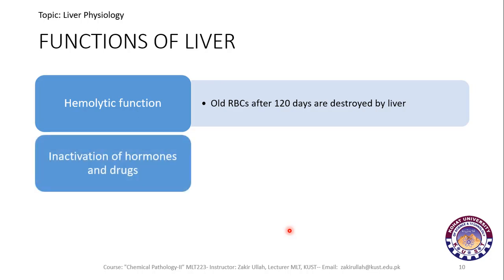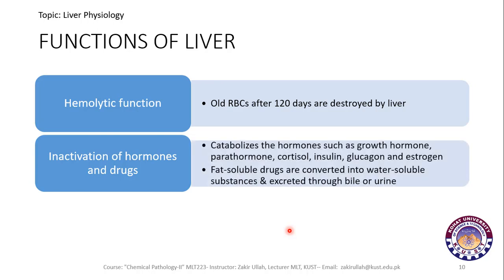And the inactivation of hormones is one of the important functions of the liver. Liver catabolizes, it breaks down the hormones, for example the growth hormone, the parathormone, cortisol, insulin, glucagon and estrogen.